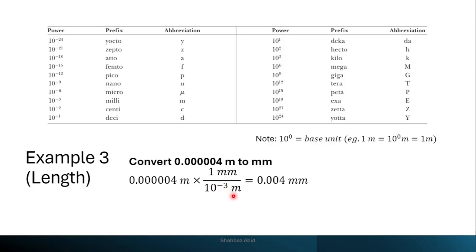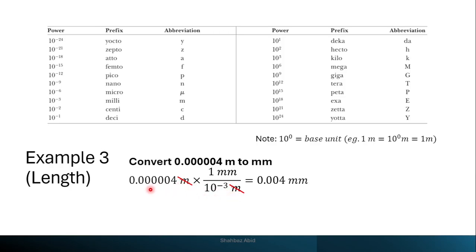I have to arrange a conversion factor in such a way that I cancel out the meter. Now I have to refer to the table to get the relationship between the millimeter and the meter. So 1 millimeter is equal to 10 raised to the power minus 3 meter.